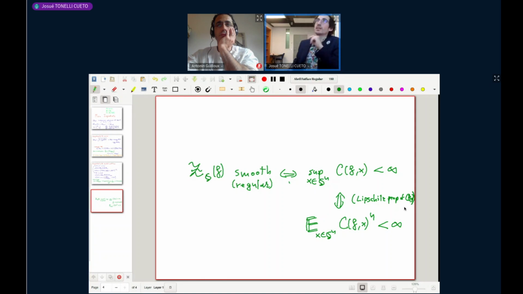This follows by Lipschitz properties. What you should think is that when you integrate something like 1 over x to the n in an n-dimensional space, you get infinity. So that will be more or less the rationale for this. So it's a good condition number because it controls the good case, because the important thing is this is a numerical algorithm.